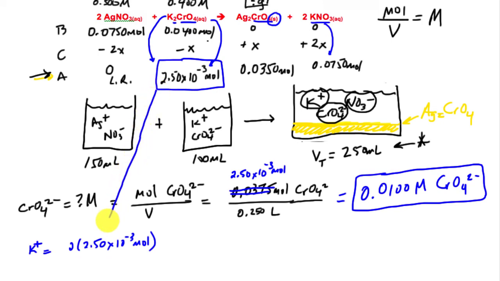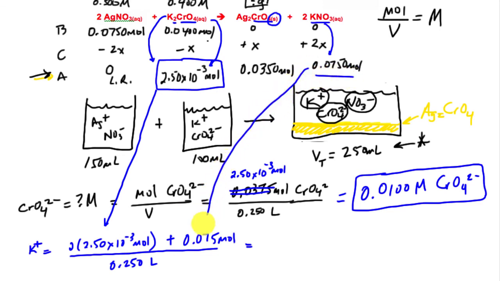That is going to be this portion here, plus this portion here, 0.075 moles. All of that's going to be over, hopefully you know what volume, 0.250 liters. And then I can solve this. Now again, this portion here is going to go down here.